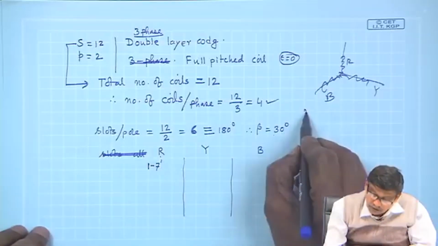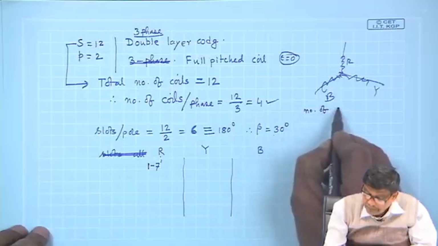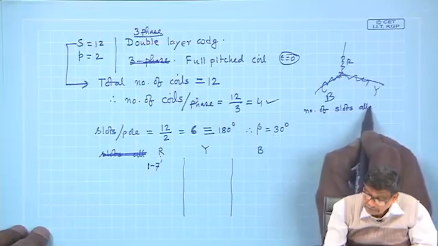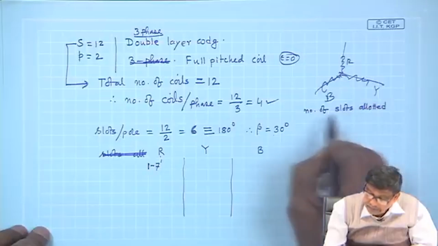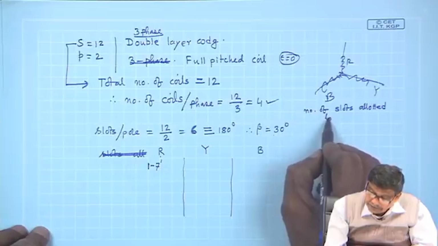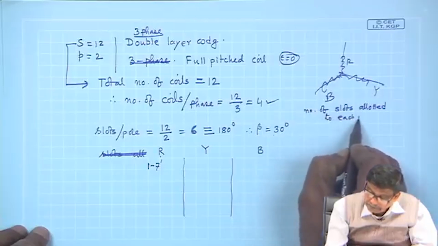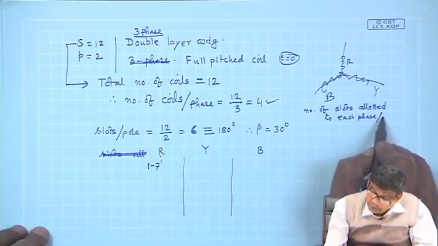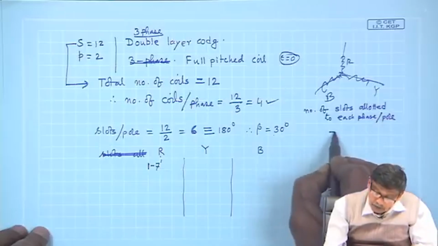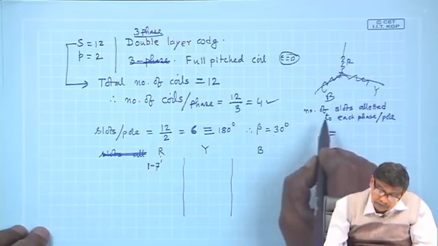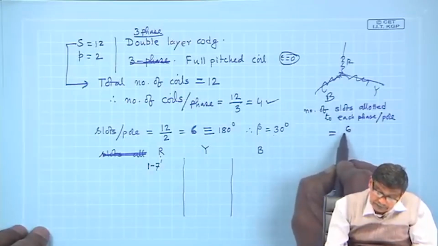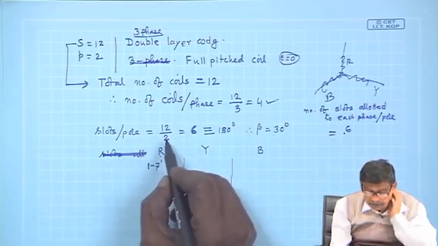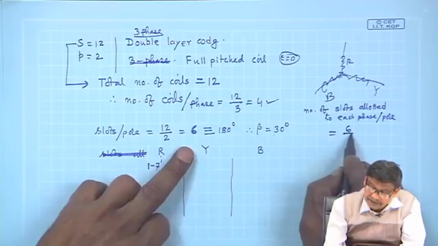So, the number of slots allotted to each phase per pole will be equal to slots per pole 6 by 3, that is 2.